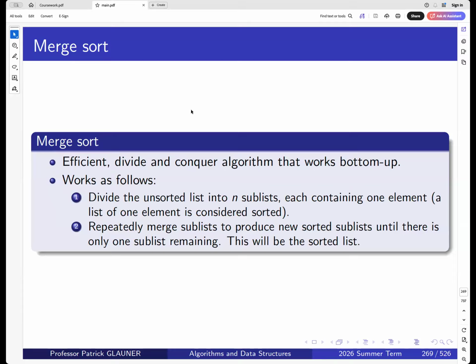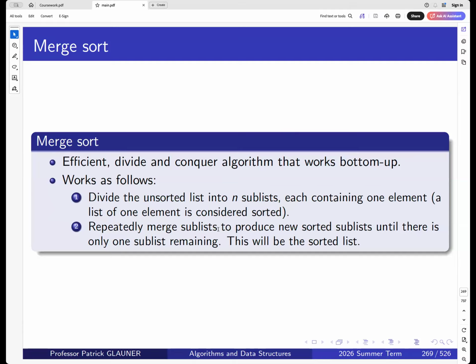How does the merge sort work? I have an unsorted list, and I divide it into n sublists, and each sublist contains just one element. Then I repeatedly merge these sublists to produce new sorted sublists.